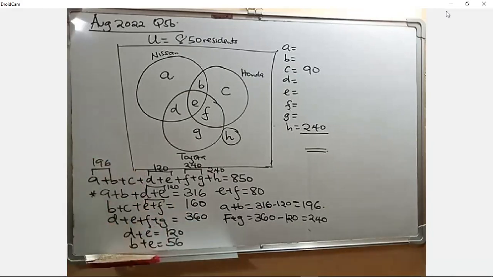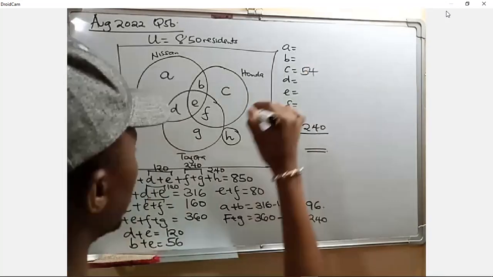So let us repeat our C. It will be 850 minus 196 minus 120 minus 240 minus 240. We are getting 54. Thank you for the correction.